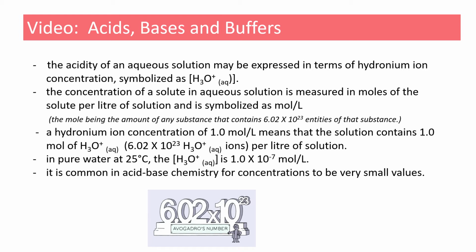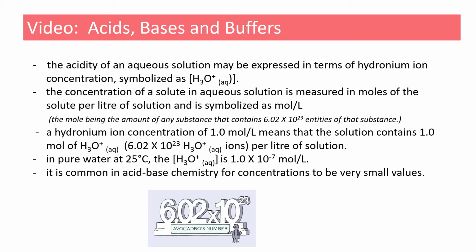A hydronium ion concentration of 1.0 mole per liter means that the solution contains 1.0 mole of H3O+, which contains 6.02 times 10 to the 23 H3O+ ions per liter of solution.